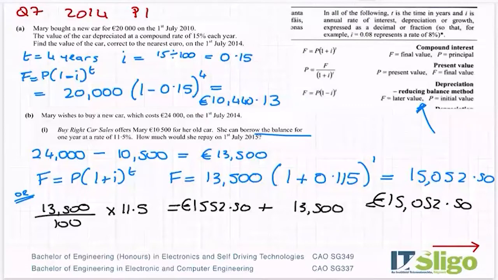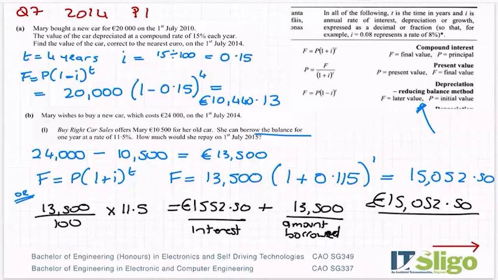I'm borrowing an amount, I have to pay this interest rate, so I calculated the interest here. I added it on to what I borrowed. And then I get the total to be repaid. Okay, so that's the bit that makes sense to me. But what I want to show you is that that does work as well.